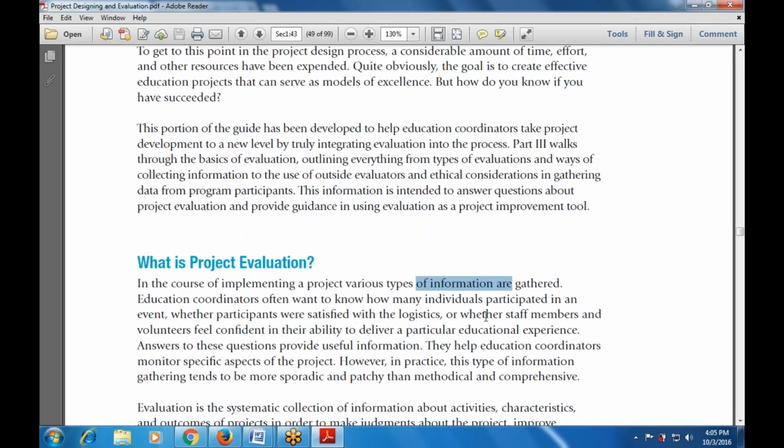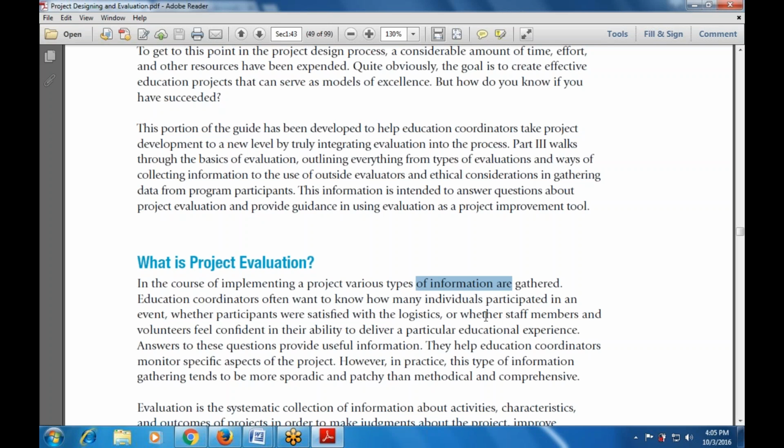Answers to these questions provide useful information that helps education coordinators monitor specific aspects of the project. But in practice, this type of information gathering tends to be more specific and patchy than methodical and comprehensive. Evaluating the project is far better than this.